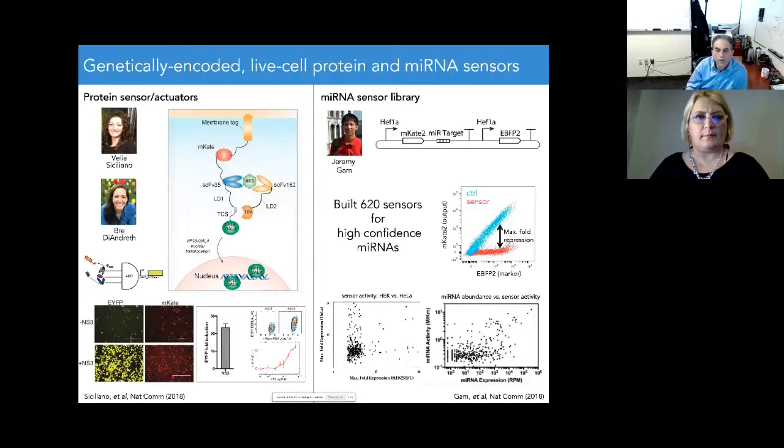And so we were able to create, this is work by Jeremy Gam, he was able to create a large library of microRNA sensors, 620 different microRNA sensors, and prove that they work well, and they can actually be used to sense activity inside the cell. So HEK versus HeLa cells, these are different kinds of cancer cell lines. We can actually distinguish HEK and HeLa based on these microRNAs.